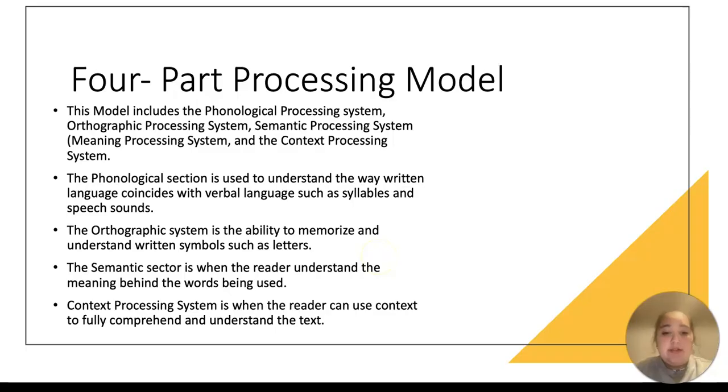The orthographic system is the ability to memorize and understand written symbols such as letters. The semantic sector is when the reader understands the meaning behind the words being used. The context processing system is when the reader can use context to fully comprehend and understand the text. For each of my bullet points, I decided to break them down just to summarize what each of these terms means.